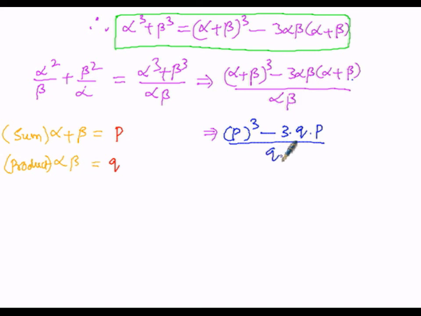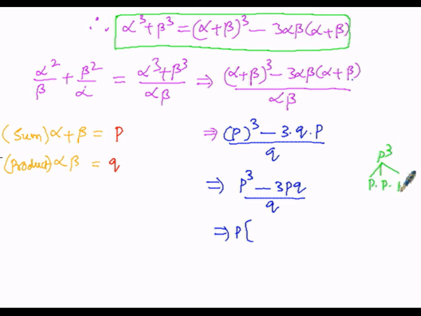So in this manner I got p whole cube, that is p cube, minus 3qp or 3pq, overall divided by q. So here p is common, I can take p as common. Here there are 3 p's, so p cube can be written as p into p square.